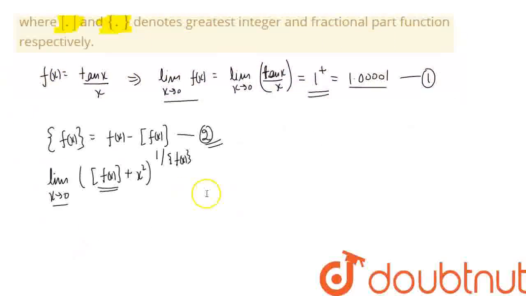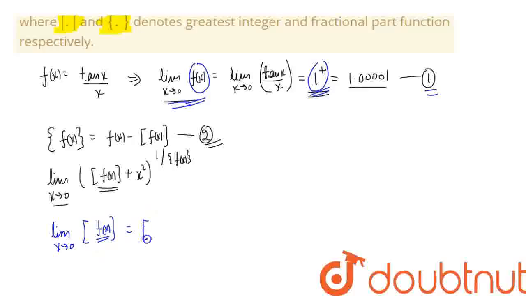From equation 1 we know that the limit as x tends to 0 of f of x, when we calculated it, equals 1 plus. So if we solve this, instead of f of x we get 1 plus. So it would be the GIF of 1 plus, that is the GIF of 1.00001, and it would be equal to 1.